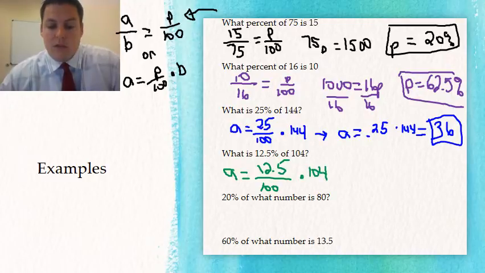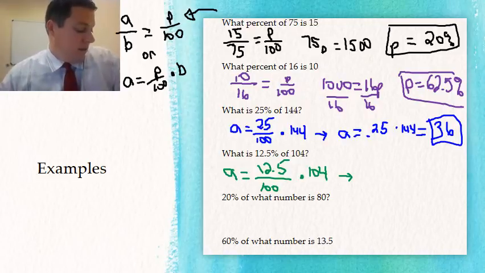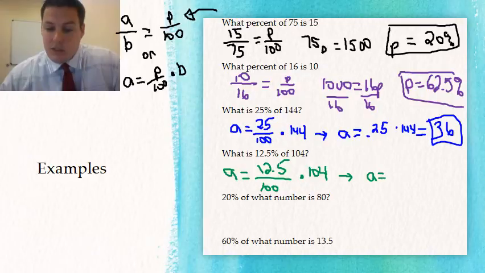Again, because we're looking for a percentage of a whole, 104 is our B. If I just plug this into our calculator, 12.5 divided by 100 times 104, with these problems, luckily, we do not have to worry about order of operations because we're just working with division and multiplication. That should give me 13. So A equals 13.